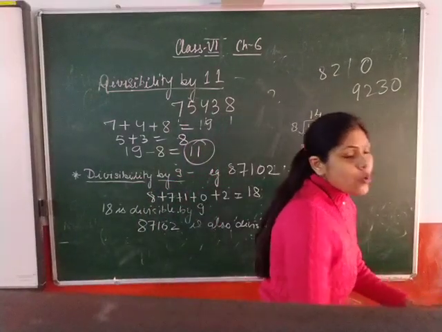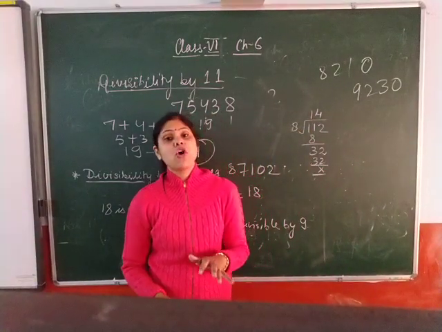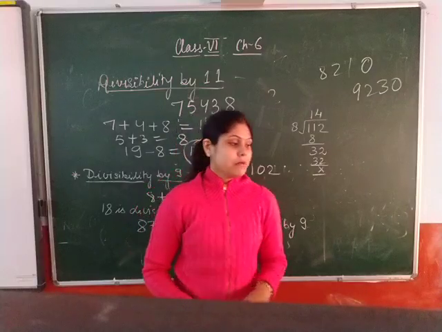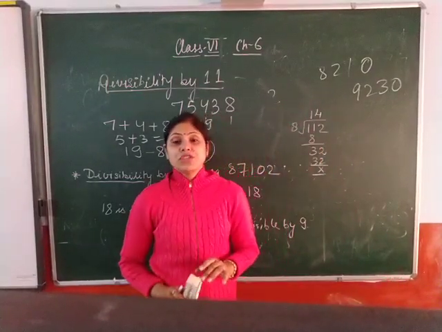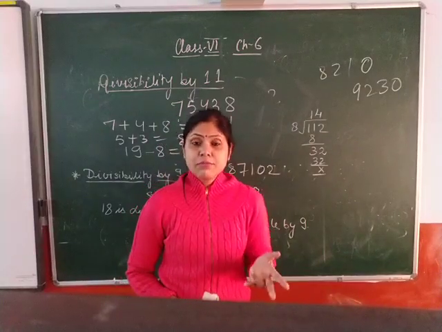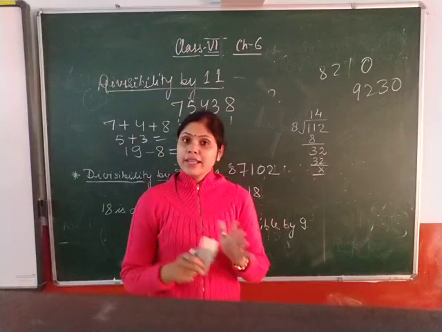Clear? Now we will study what is a prime number and what is a composite number. Prime number means a number which is divisible only by 1 and the number itself, not any other number.